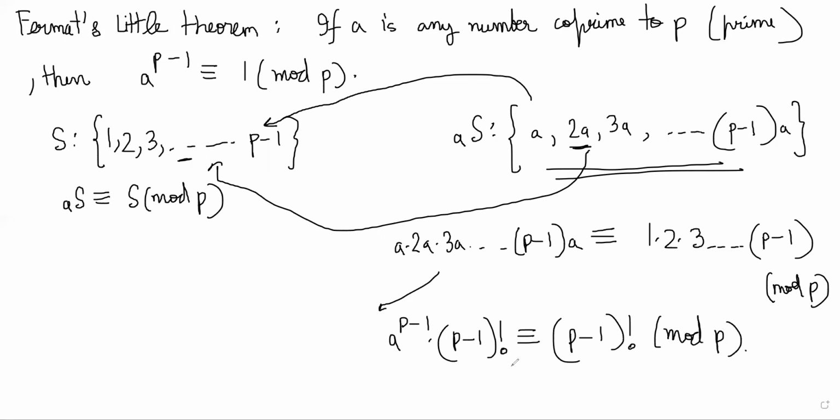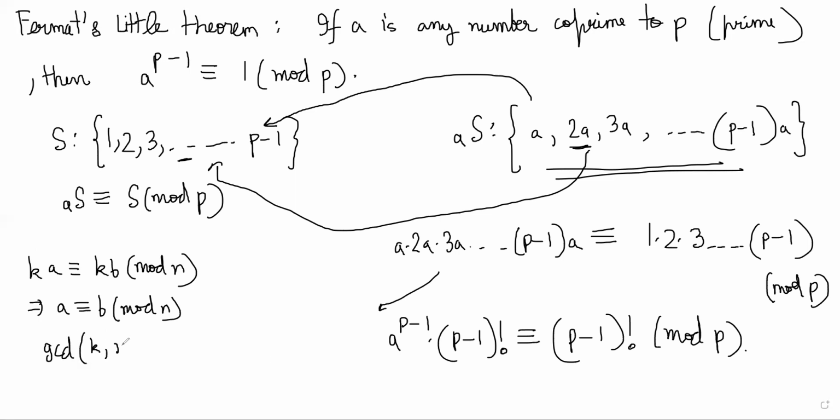Now, if you remember, we discussed when we can divide both sides of a congruency by an integer, right? So we had the property that if you have Ka is congruent to Kb mod n, then we can write A is congruent to B mod n as long as GCD of K and n is equal to 1, right?